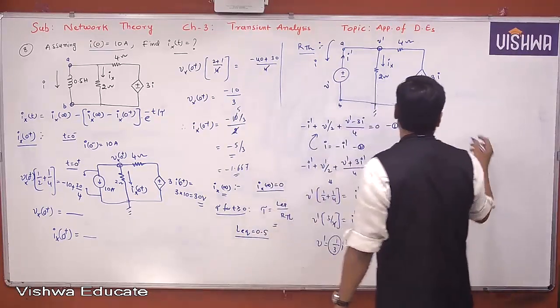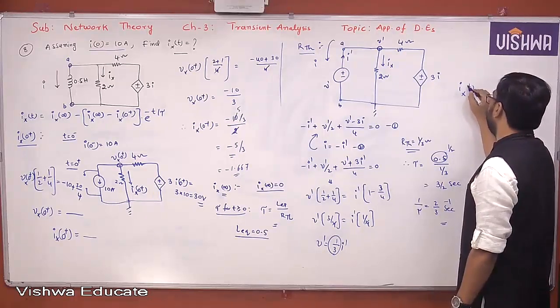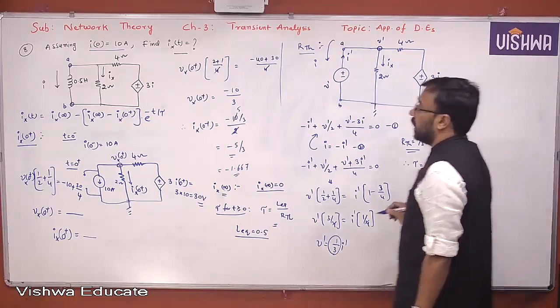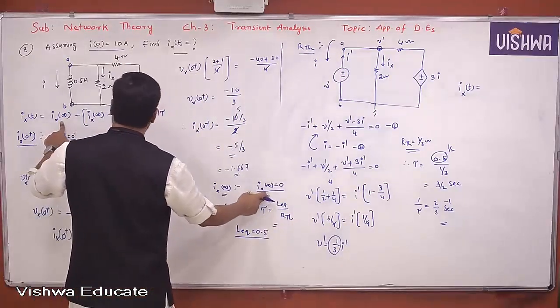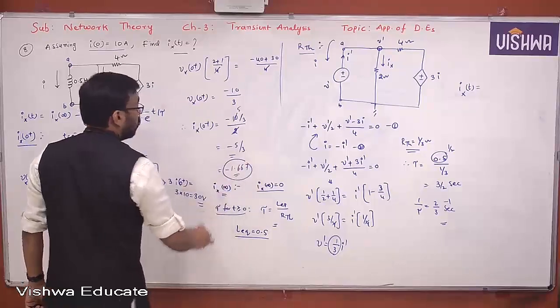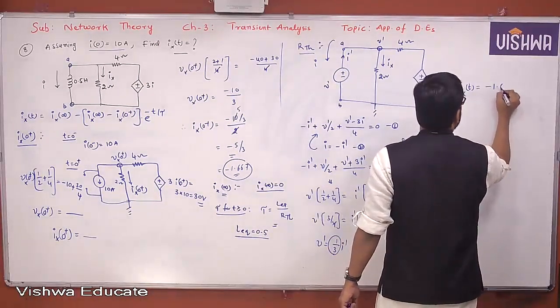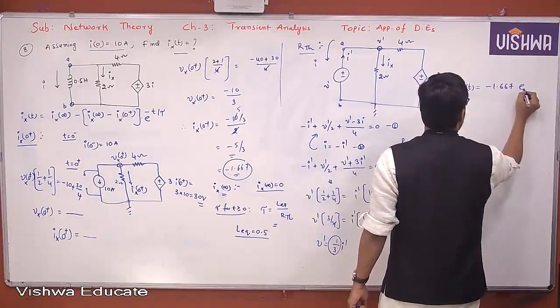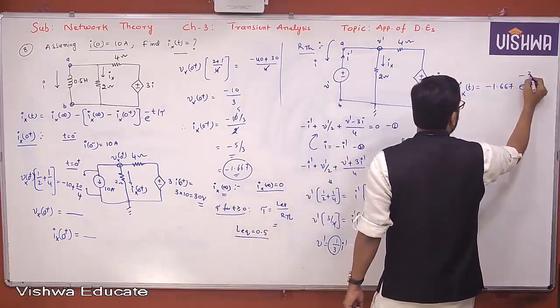Therefore, if you substitute all those things in the formula, Ix of t will become Ix of infinity, nothing but 0, minus Ix of 0 plus that you have already calculated, 1.667, into e power minus t by tau, nothing but minus 2 by 3.